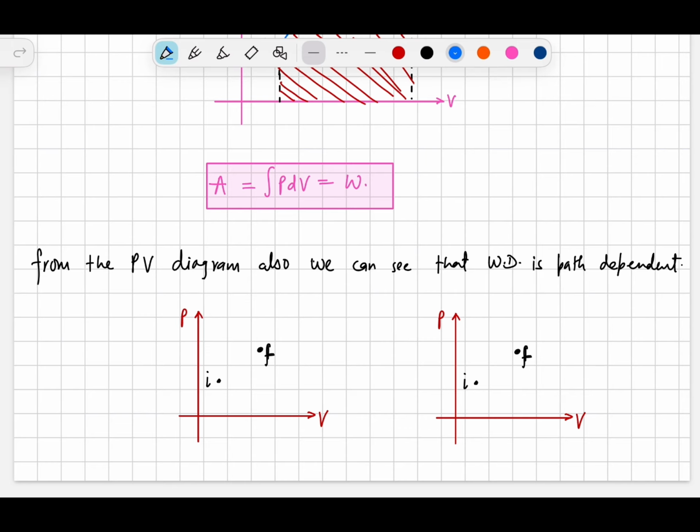Suppose you go directly like this, this is one way you can go, and I'm giving you another way, like this way, then this way. Okay, two different paths are there, no doubt.